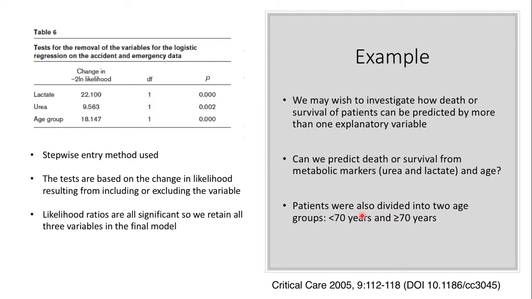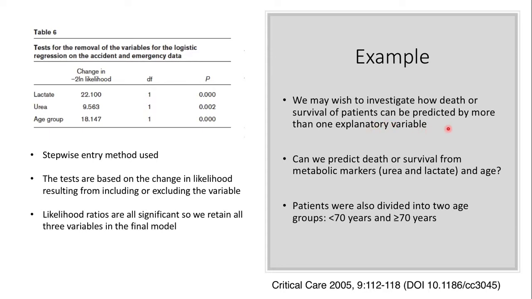The tests are based on the change in likelihood resulting from including or excluding the variable. This is essentially like multiple regression, where we looked at that initial ANOVA table and said, okay, this is good to go. We don't know what the effects or the odds are, but these things are okay to be kept in the model. And it goes on with this example.